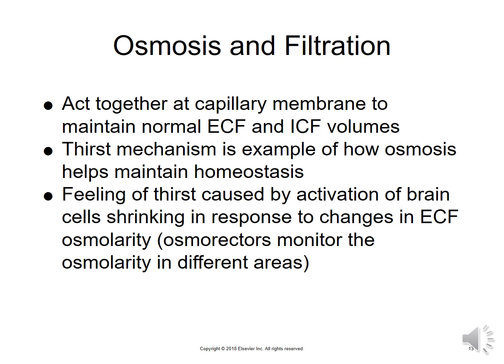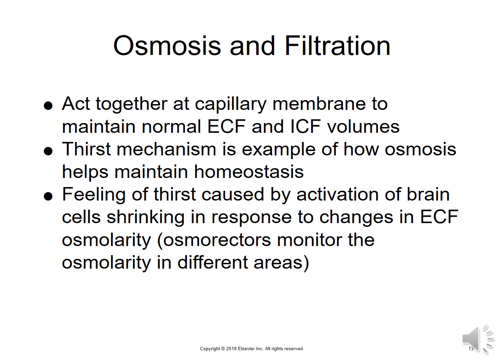We have a thirst mechanism that's an example of how osmosis helps to maintain homeostasis. So you get a feeling of thirst, and this is caused by activation of the brain cells shrinking in response to changes in extracellular fluid osmolarity.